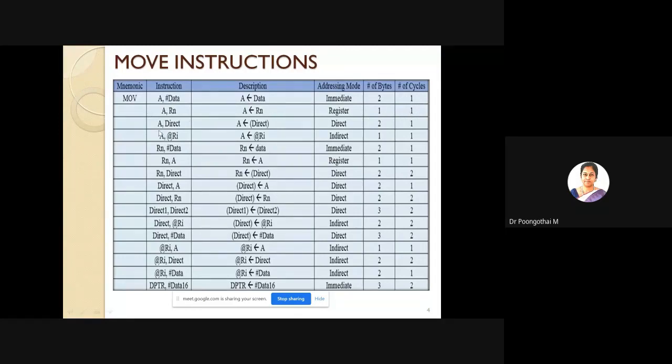And next one is MOV A, direct. Direct is nothing but your internal RAM memory. Using this instruction, we can directly specify the internal RAM memory address.